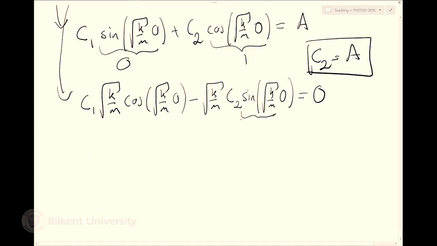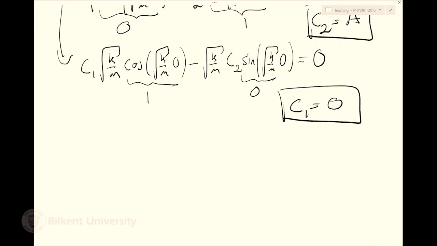Sine 0 is 0, cosine 0 is 1. From here, I find c1 is equal to 0.